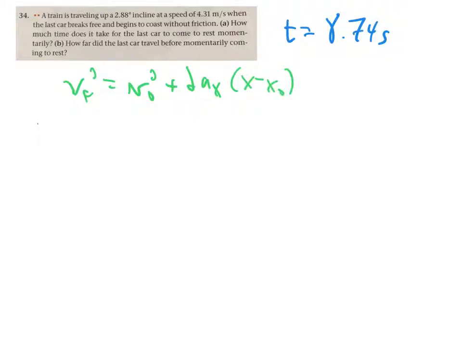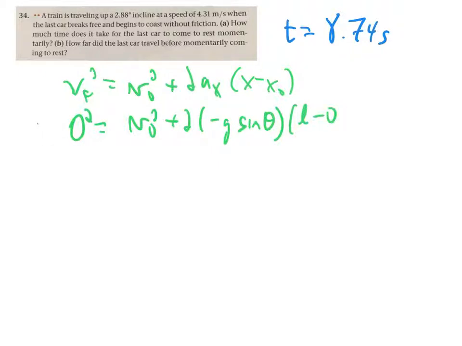And of course we want it to end at 0, and it has that initial speed, whatever it was, and our acceleration, remember, is still minus g sine theta, and then we would have our final position, whatever we'll call it, like a position L, a distance L up the incline.